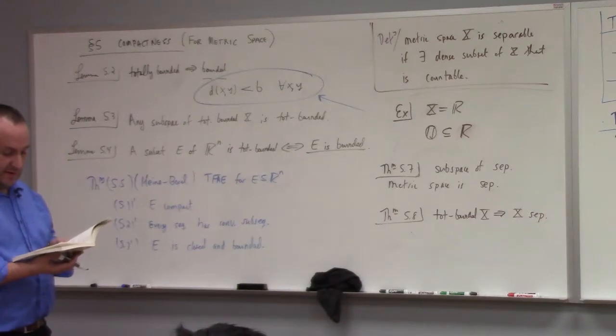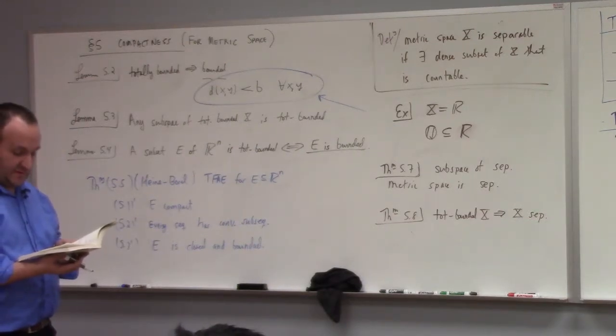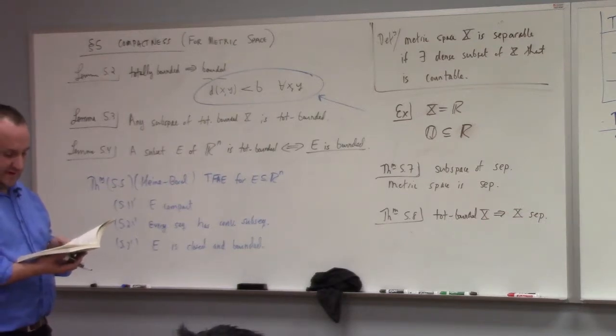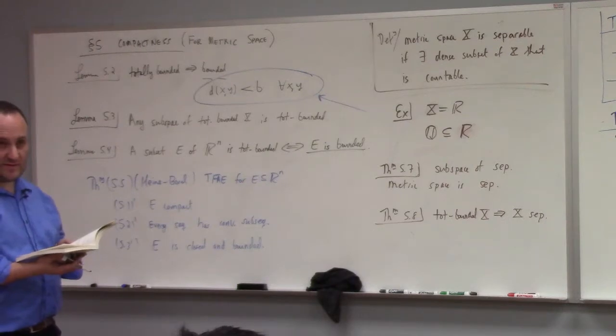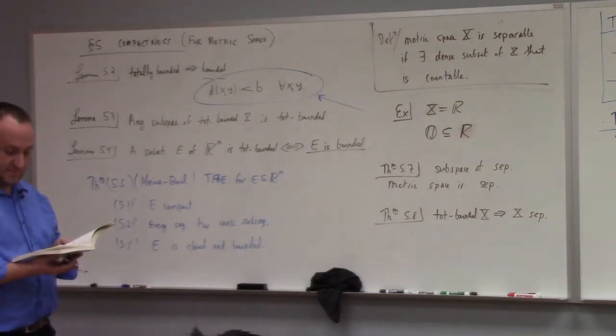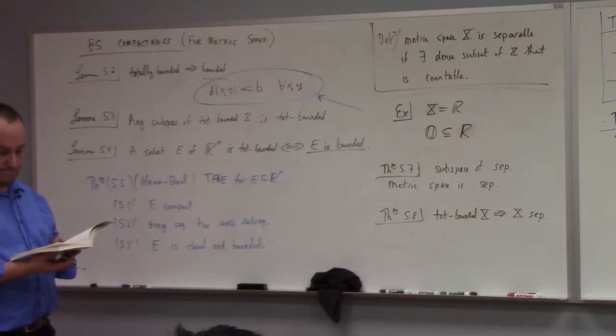He says, a base of open sets for a metric space is a family script B of open subsets of X such that every open subset of X is the union of sets in the base. For instance, the family of open balls forms a base of open sets for a metric space, as does the family of open balls with rational radii.